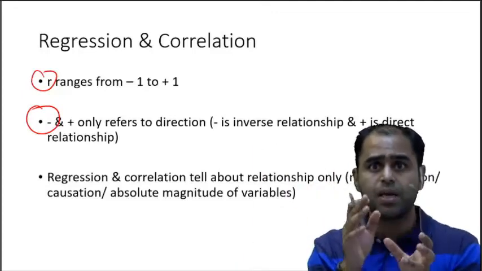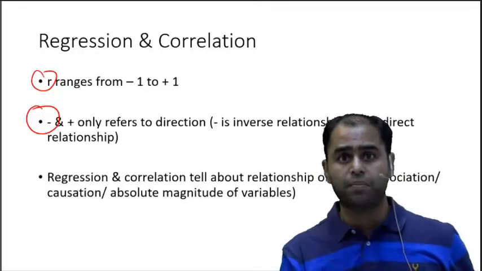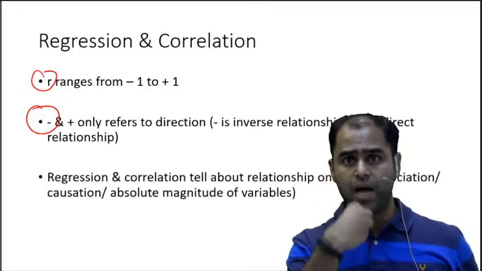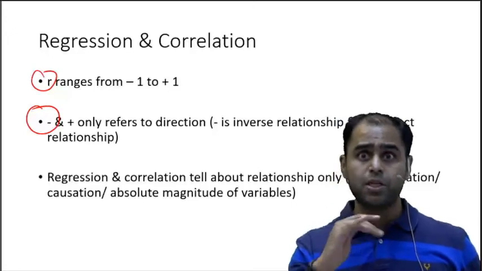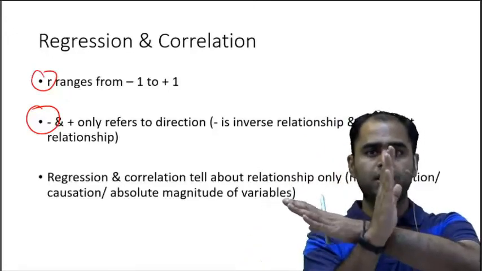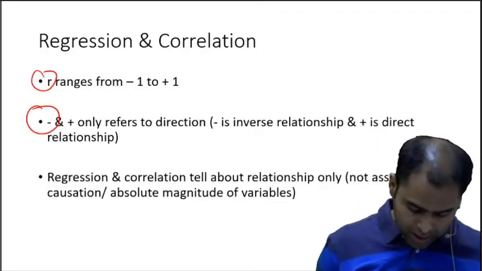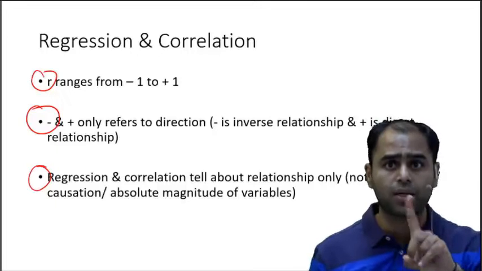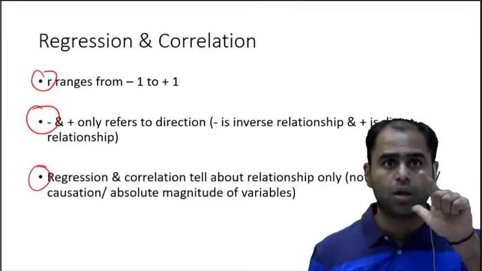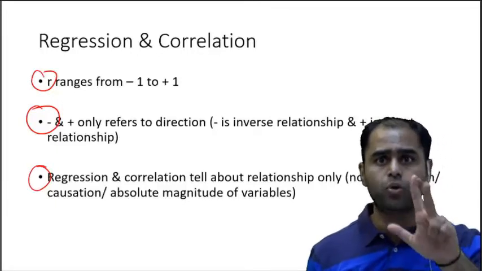This means it is an inverse relationship. But if the mother eats lots of dietary green leafy vegetables, the baby's hemoglobin will be more. That is a positive relationship. Regression and correlation tell only about relationship. They never tell you about association, causation, or absolute magnitude of variables.